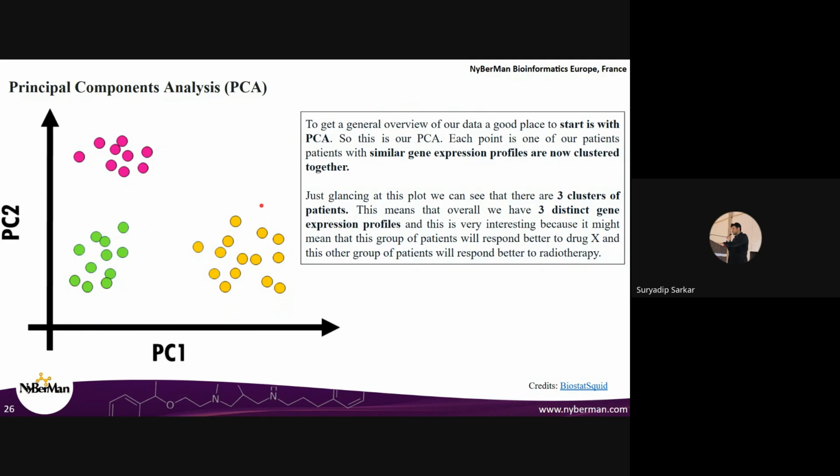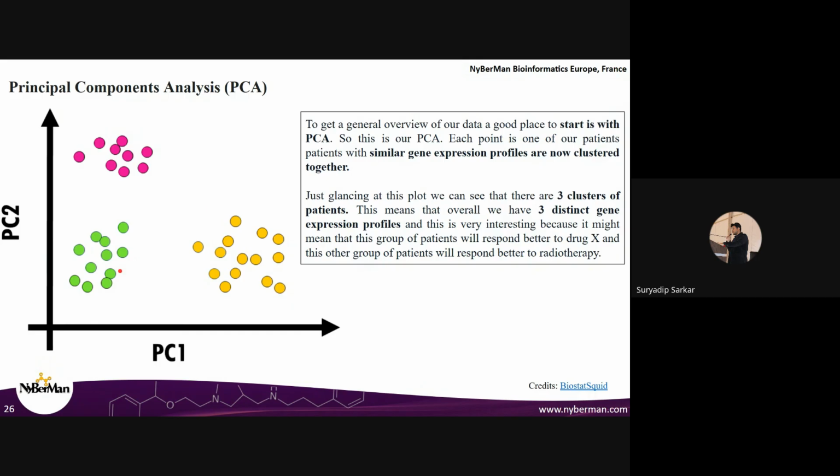The idea is that similar gene expression profiles will be clustered together. Patients who showcase a very similar trend in gene expression will remain geographically in a similar area in our principal component analysis plot.